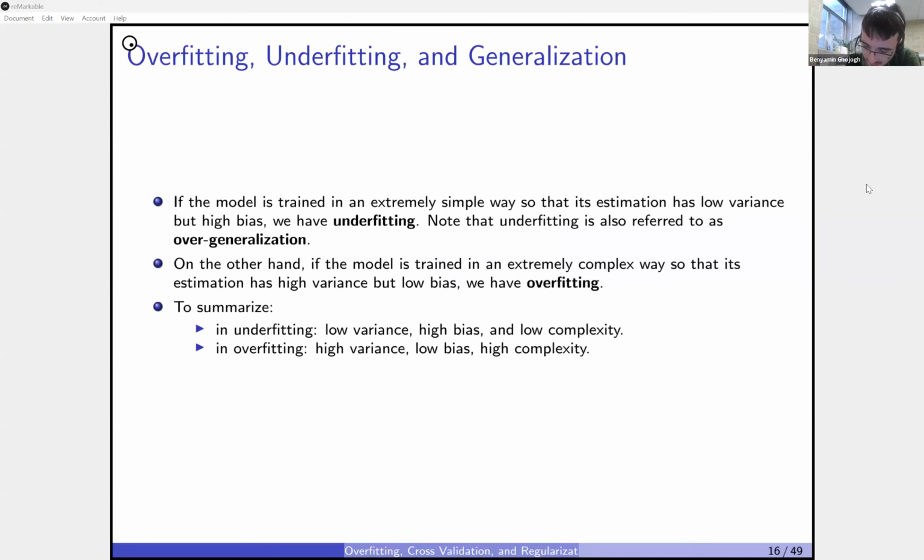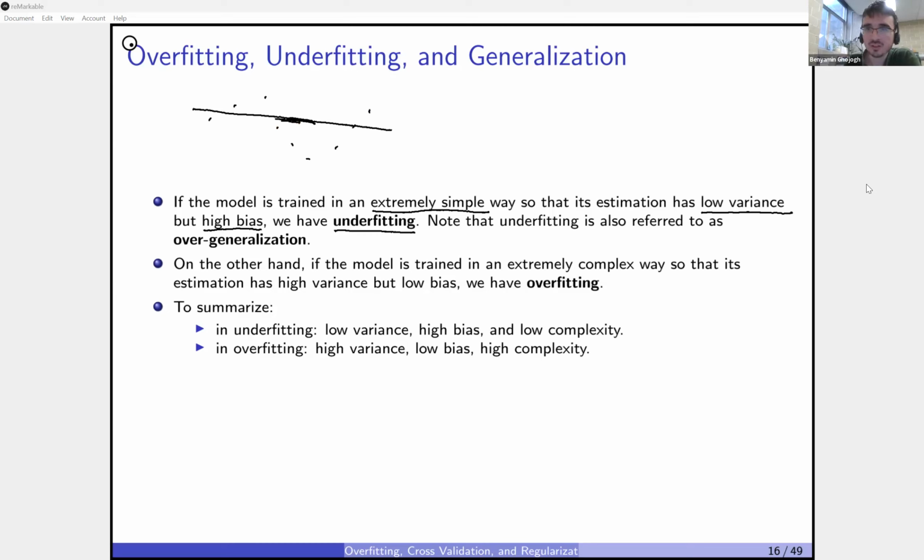If the model is trained in an extremely simple way, so that its estimation has low variance but high bias, then we'll have underfitting. An example is that we have several data points, for example like this, and we just fit a line to them. It's extremely simple.